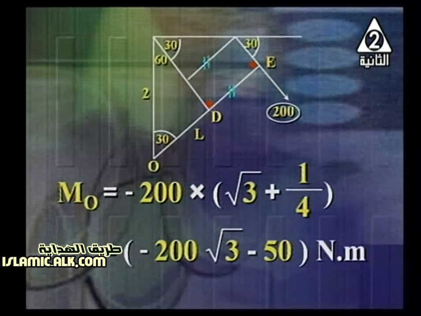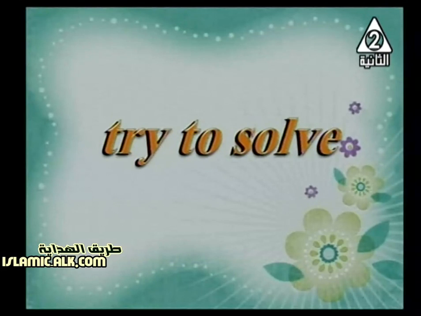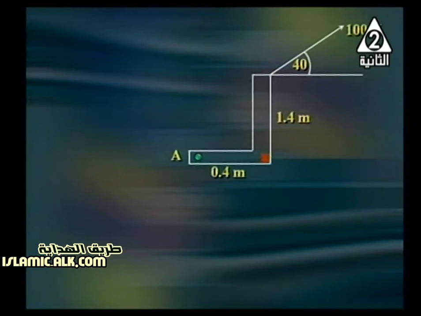Now we move to another example. We have a force of 100 Newton inclined to the horizontal at 40 degrees. The length in y is 1.4 and the length in x is 0.4 meter.